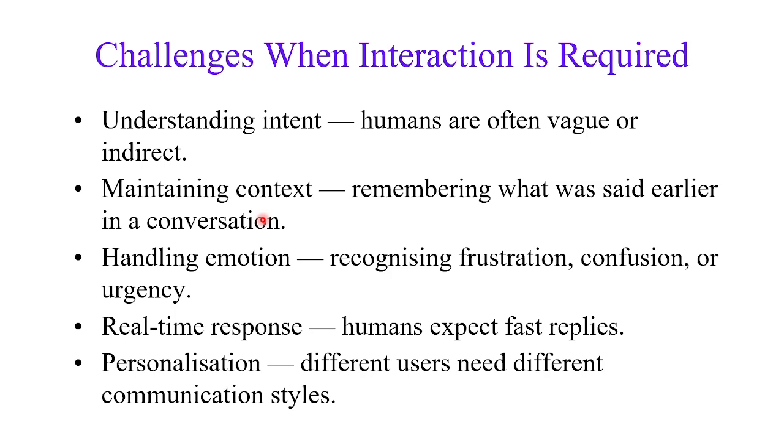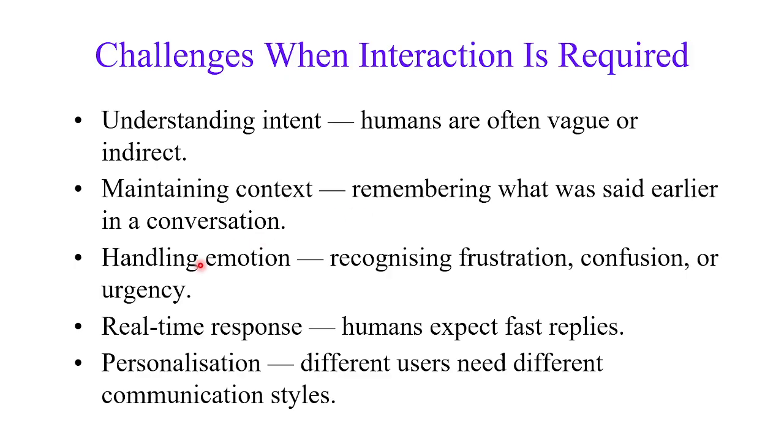If you are discussing a project and you say, change the deadline, the AI needs to know which deadline you are referring to. This is called dialogue state tracking, and genuinely, it's very hard.